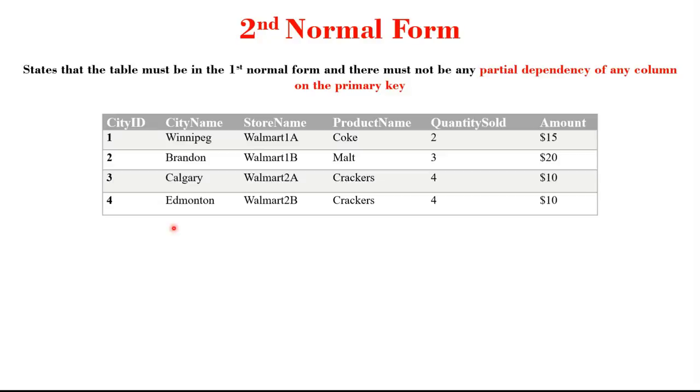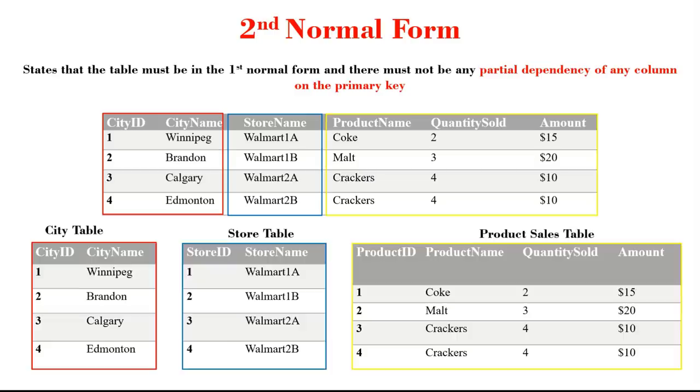So for instance, we are going to have to create a table for city name, store, and also for product, just as this. And each table will have its own unique identifier or primary key. So in this city table, we have city name as the column, and it depends on the primary key, which is the city ID. We also have a store table, which is uniquely identified by the store ID.